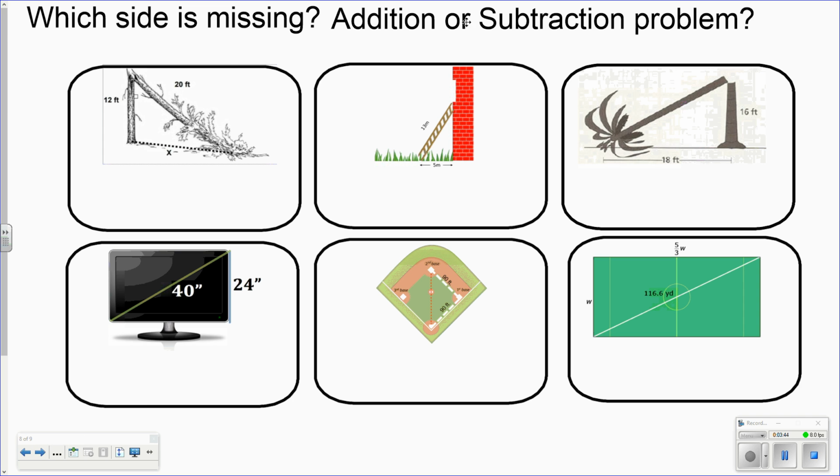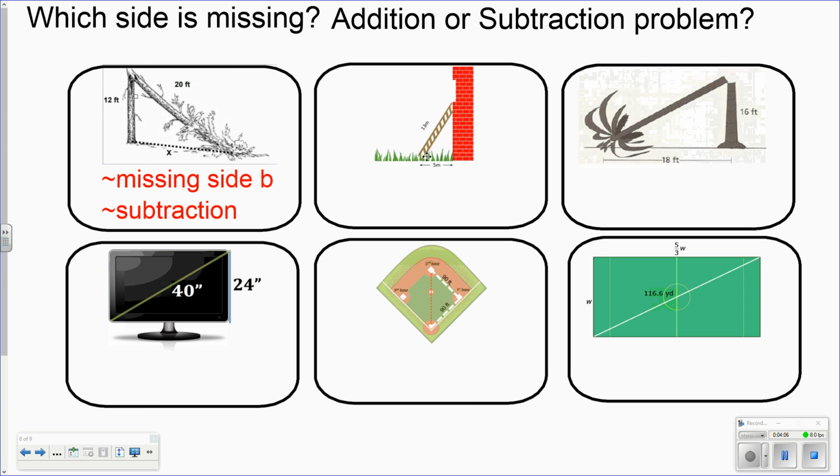So let's just look at these real quick. It's deciding which side is missing, and then does that make it an addition or subtraction problem? So in this tree that's fallen down, the longest side is the tree, so that's the hypotenuse. So that means we're missing side B, which means it's a subtraction problem. If we have the hypotenuse, it's going to be a subtraction problem.